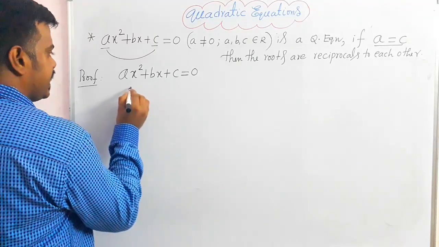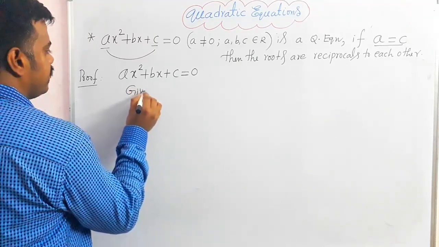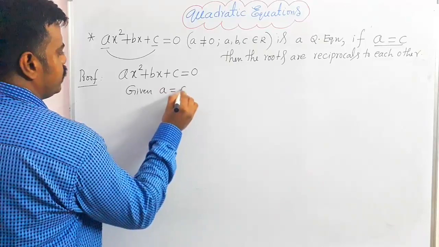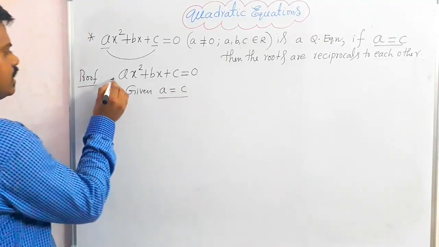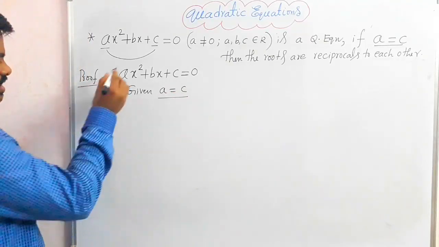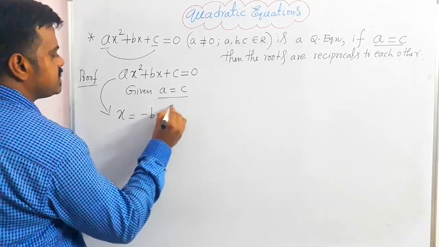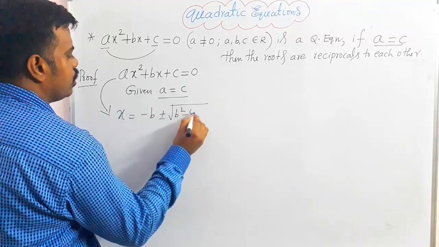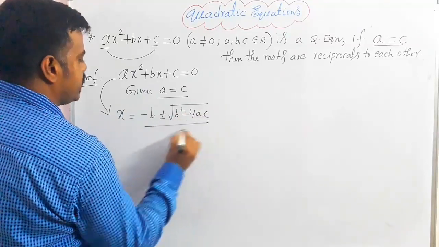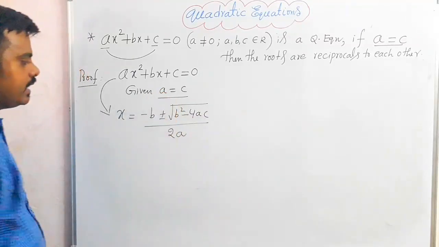And it is given here a is equal to c. We know the roots of a quadratic equation: x is equal to minus b plus or minus root over b square minus 4ac by 2a.